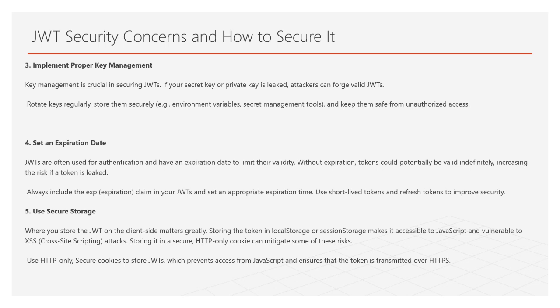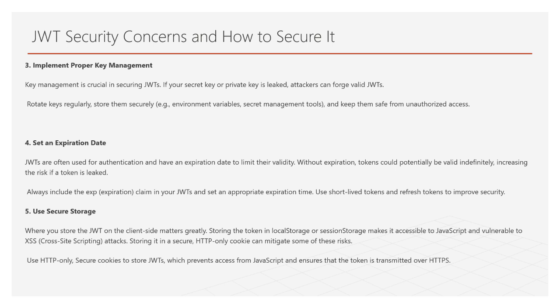Now, use secure storage. Whenever you are storing the JWT token on the client side, it matters greatly. Storing it in local storage or session storage makes it accessible to JavaScript, and that makes you vulnerable to attacks such as cross-site scripting.